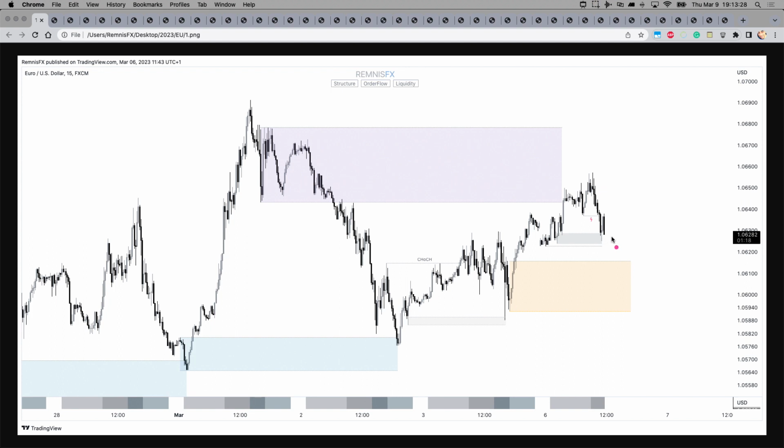So I recognized this area as a smart money trap, because people saw this as liquidity sitting above a potential order block. They expect something like that, perhaps.